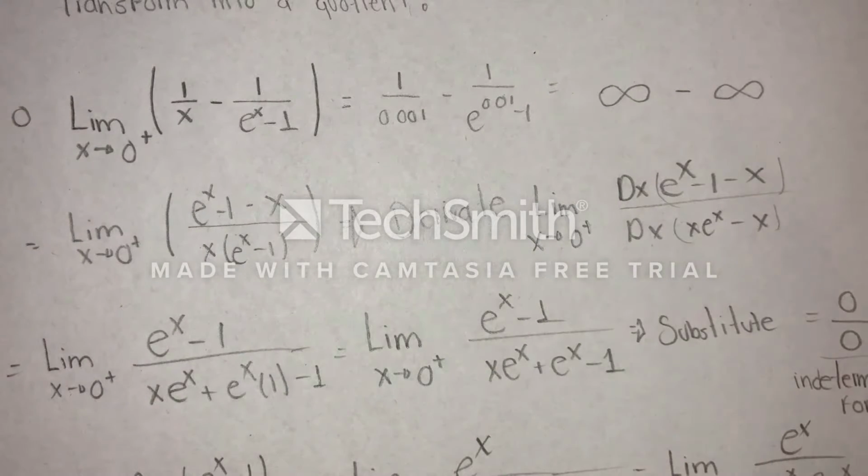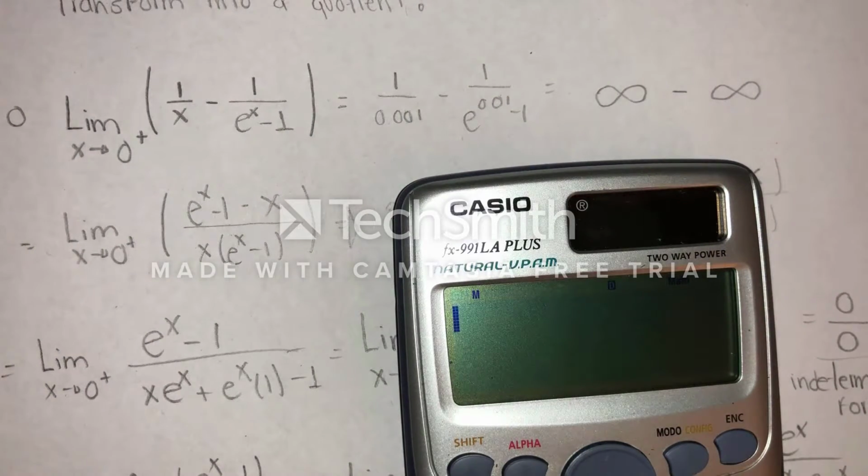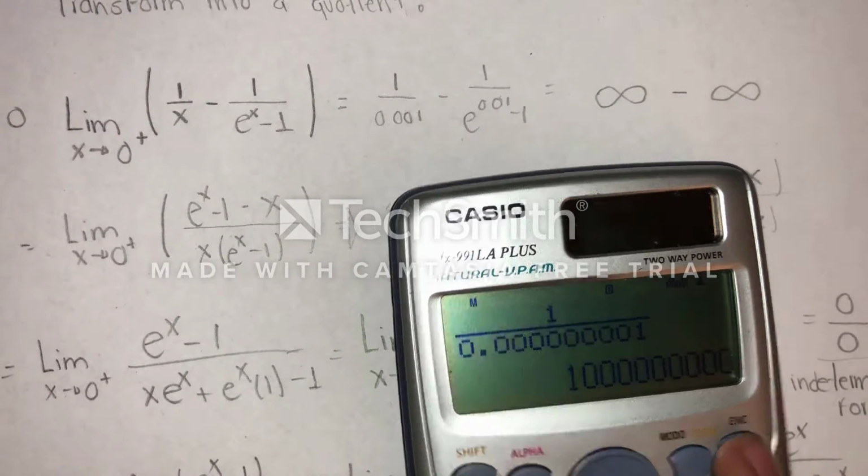One is by putting into the calculator numbers close to 0, for example 1 over 0.000001, and we see that if we increase the number of zeros, the result is going to be bigger.